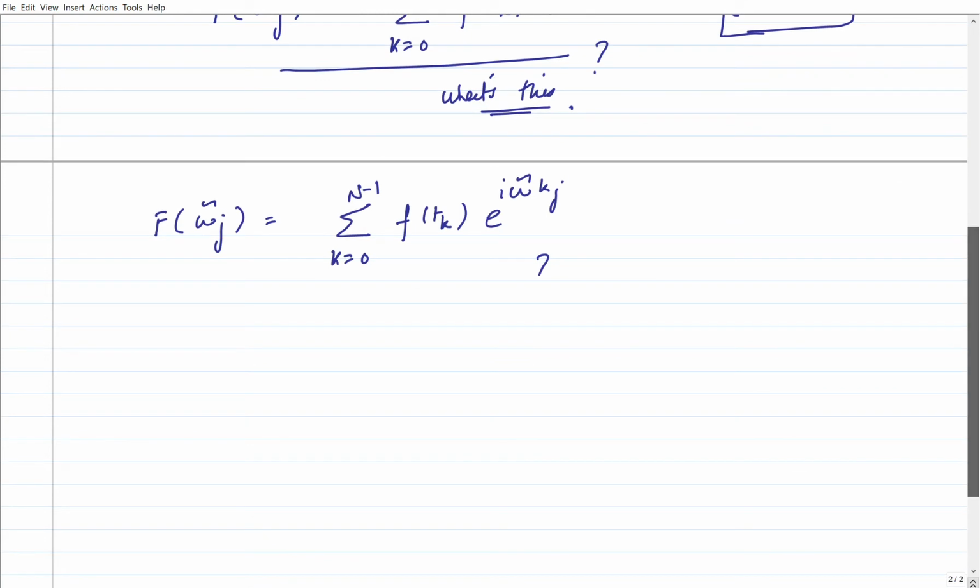Now, as I write down the matrix multiplication explicitly, I have the column vector of frequencies.